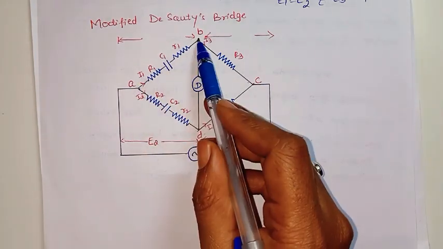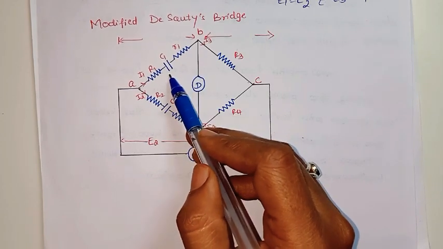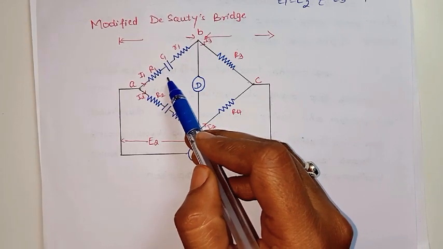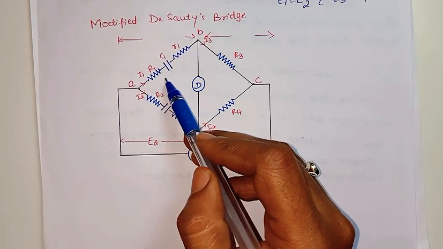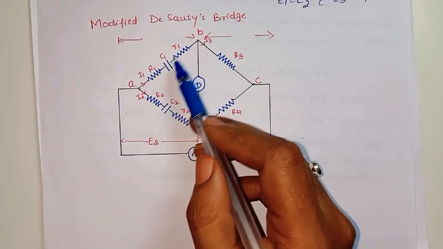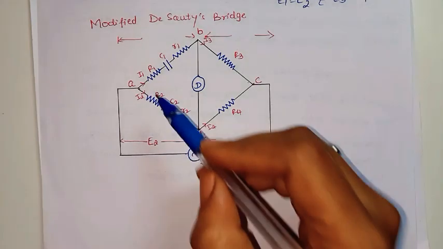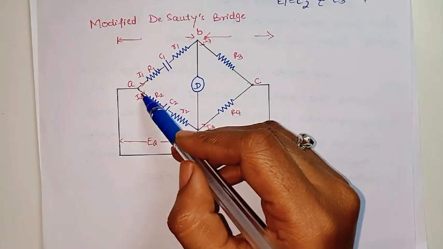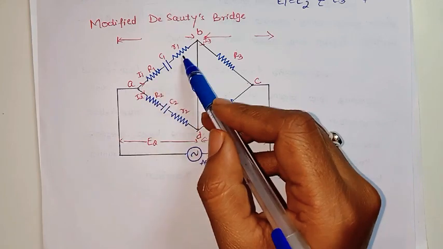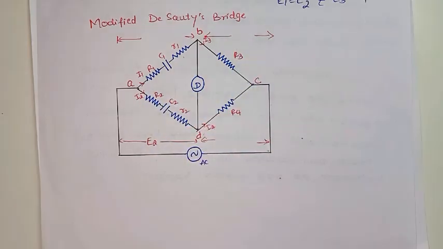In the arm AB there are two resistors and one capacitor, meaning the unknown capacitance C1 connected in series with the resistor small r1 and capital R1, where small r1 represents the loss component.